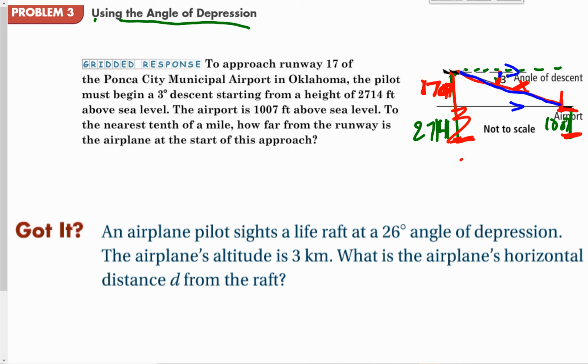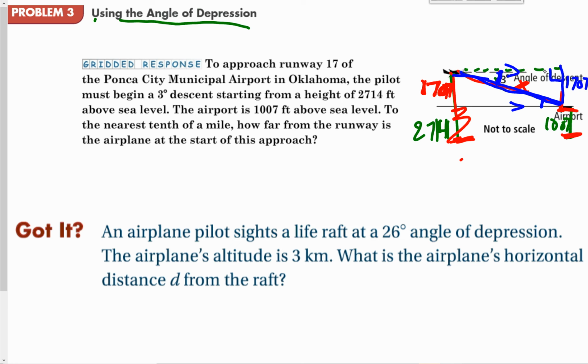So this angle is 3 degrees, and it has to match up with this angle down here. So that angle down here is also 3 degrees. They're alternate interior angles, and they're congruent.